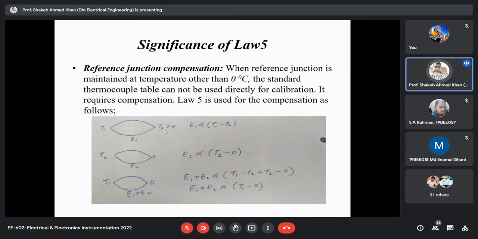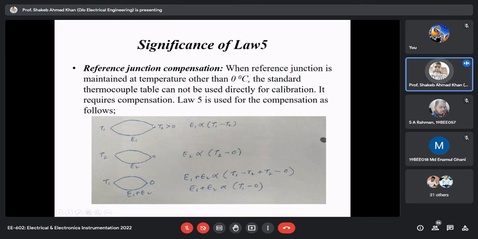But if not, it should be a constant value, and whatever temperature your reference junction is maintained at, it should be accurately known, whether it is 0 degrees Celsius or more or less.